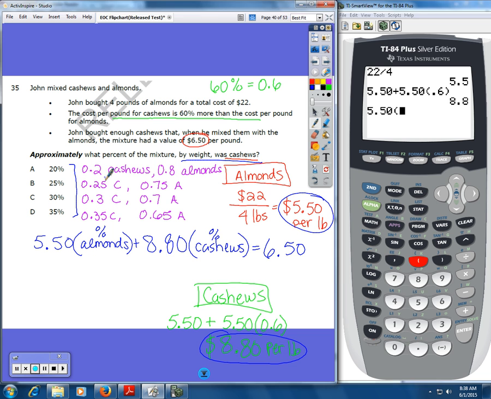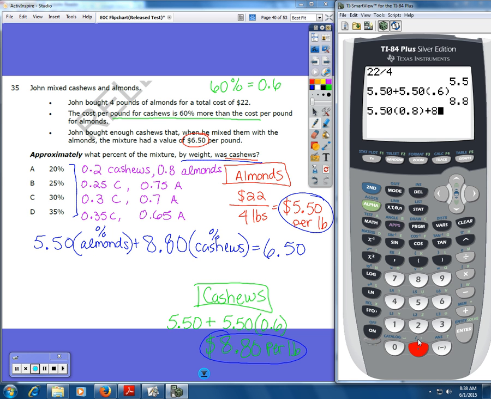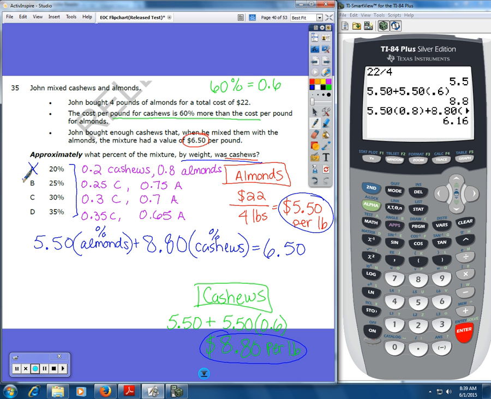So I'm going to put 0.8 almonds plus $8.80 times the percent cashews, which would be 0.2. Okay, and if that were the mixture, I would have spent $6.16, okay? And that's not our price here that we're looking for. So I'm just going to keep on going, and I'm going to enter it in. Once I enter all of these in, I'm going to find that the only one that works is C, okay?